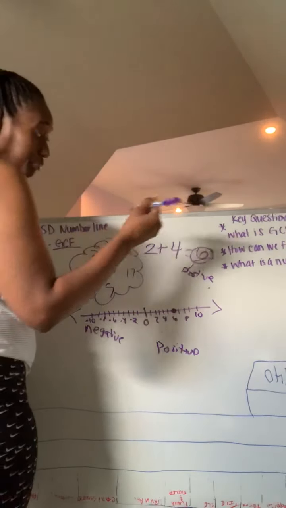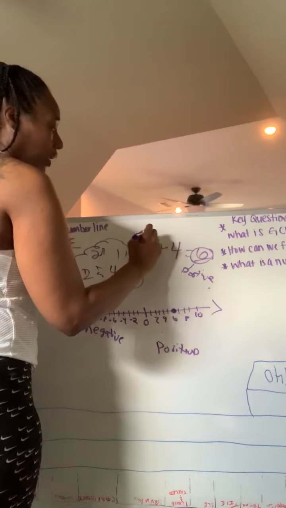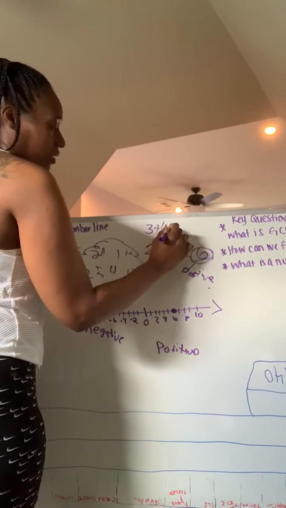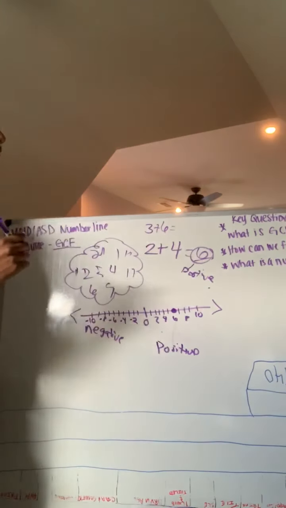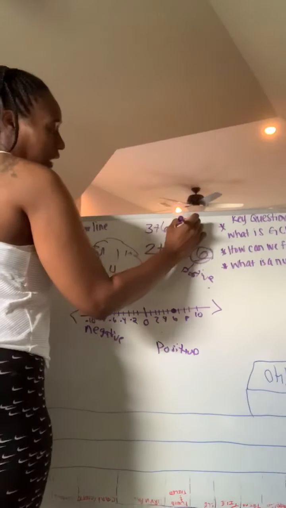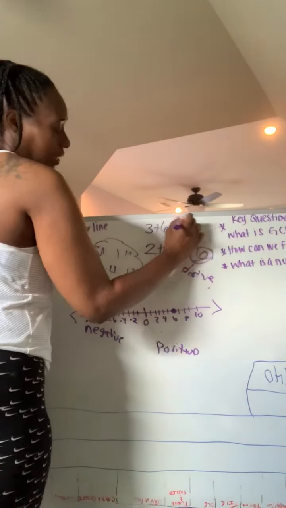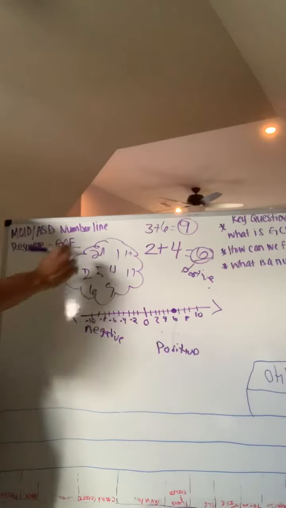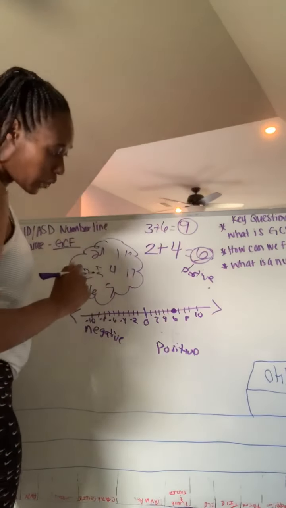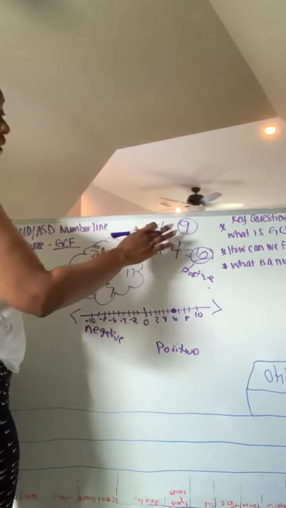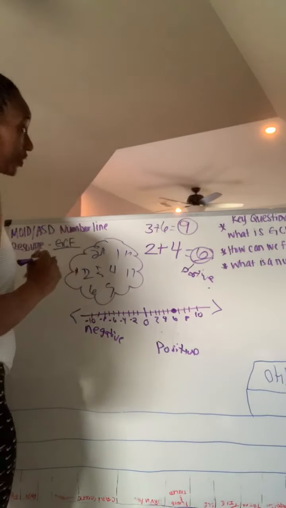So we can do, what's 3 plus 6? What is 3 plus 6? Oh, 3 plus 6 is 9. 9 is still positive. Okay. Where does positive 9 fall on the number line?